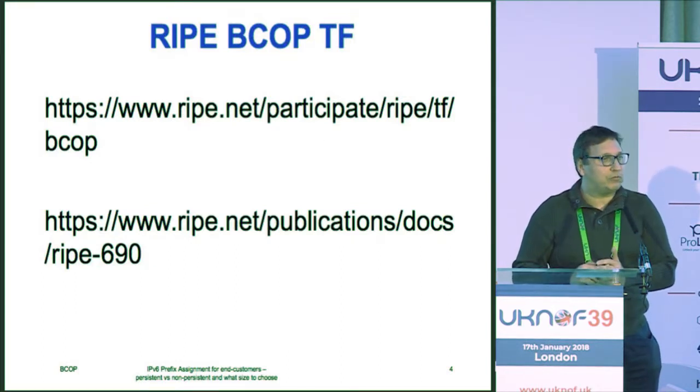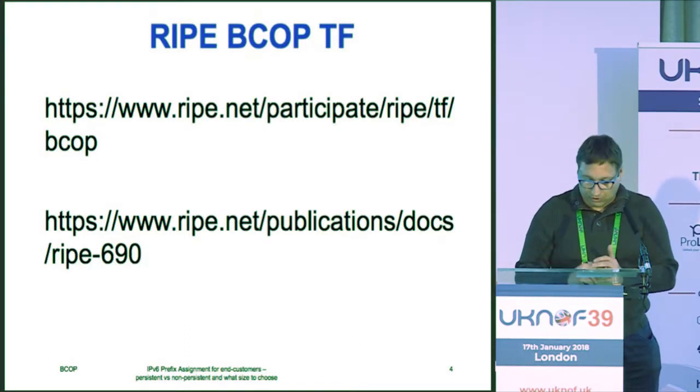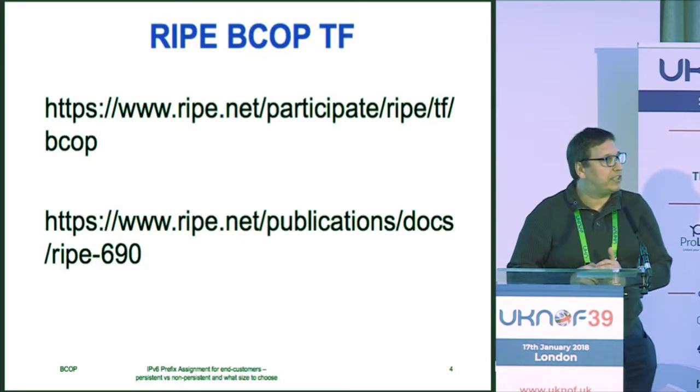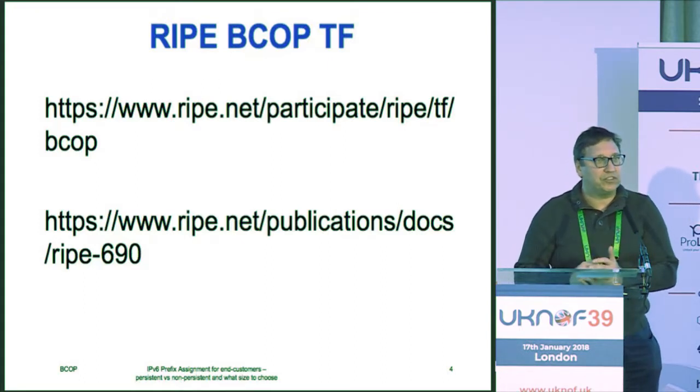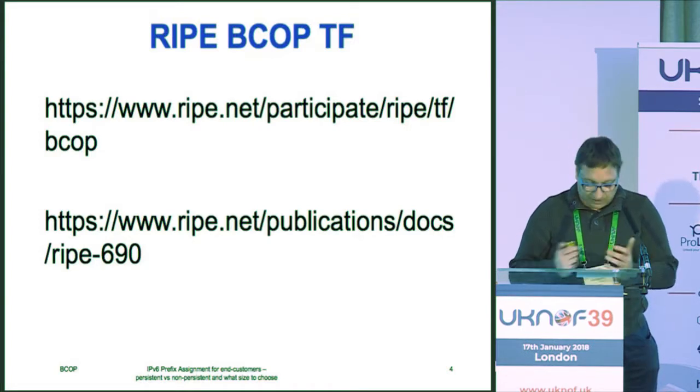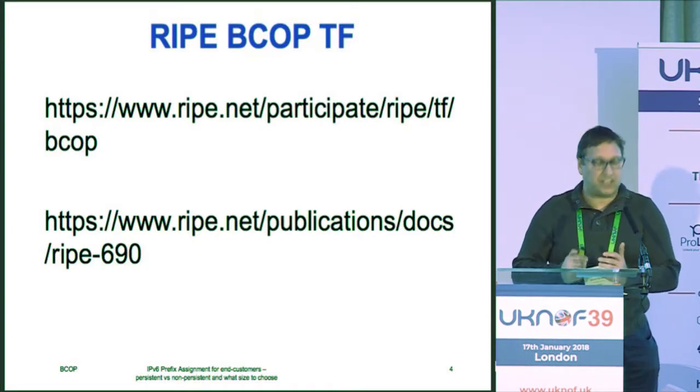I will explain one of the words that we decided to use to avoid confusion with people. If you want to find out about this RIPE working group, here is the link of the mailing list and the document that I am presenting here, which is RIPE 690.